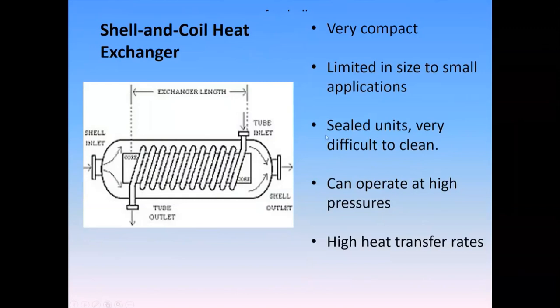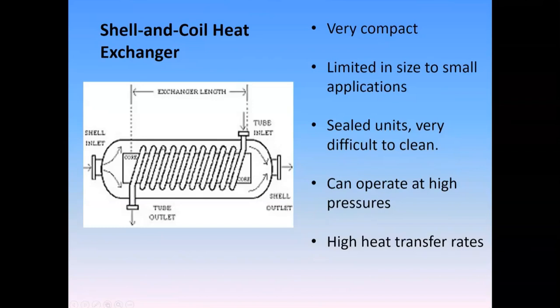Okay, so we just have a couple other types of heat exchangers to talk about. If we go a step down from a shell and tube, we may have what we call a shell and coil heat exchanger.